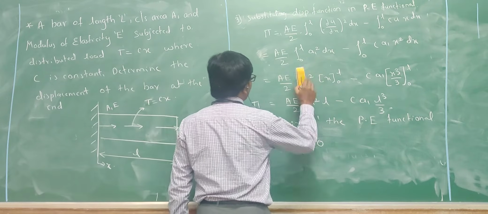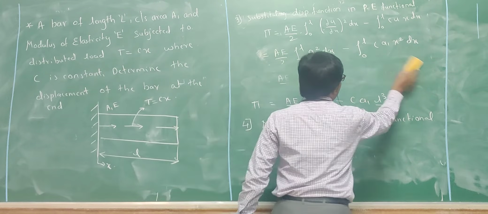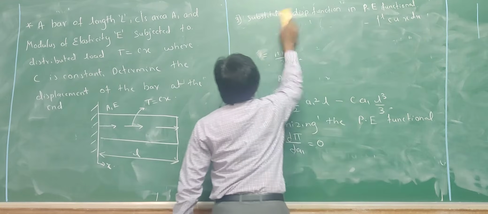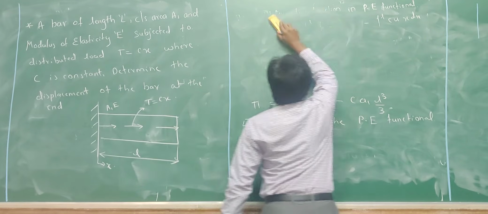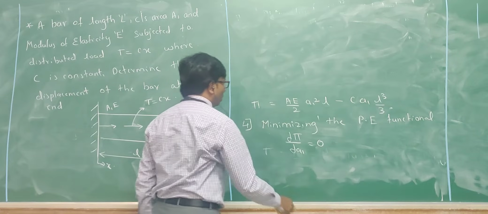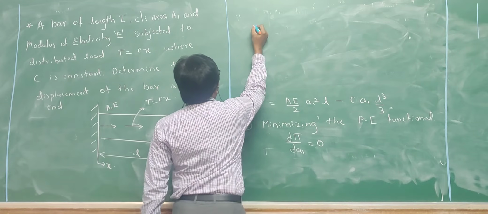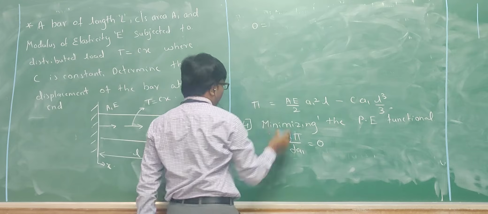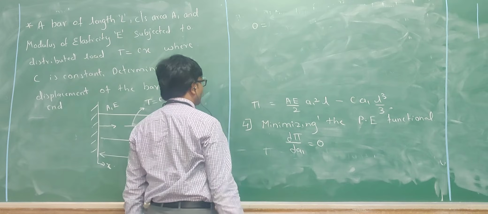I will just rub this part, and we'll do the differentiation of this. So 0 on one side, dou pi by dou a1, I will be differentiating it.